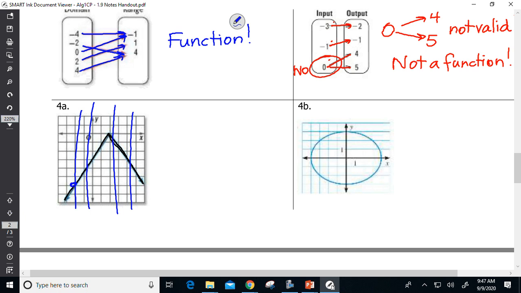So everywhere I drew it, it only sliced the graph once. That means it passed the vertical line test. It's a function. Pass vertical line test is a function.